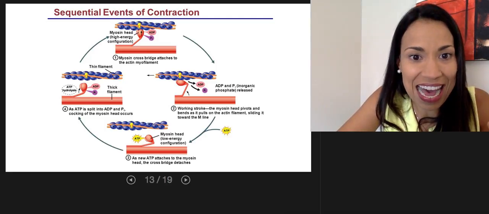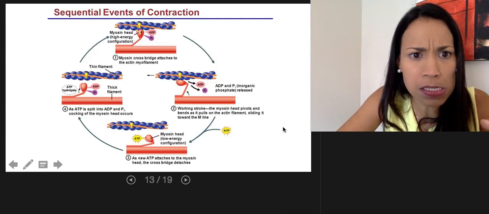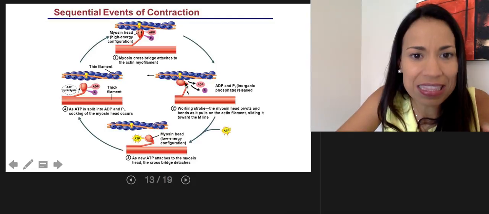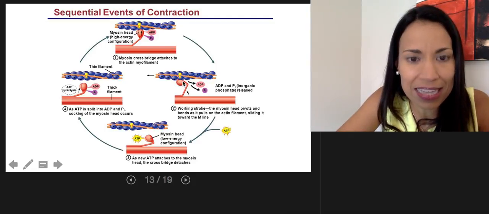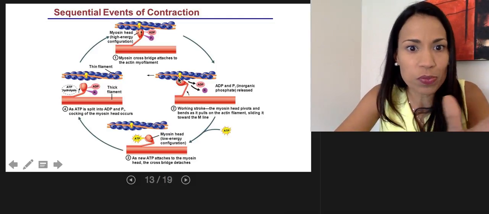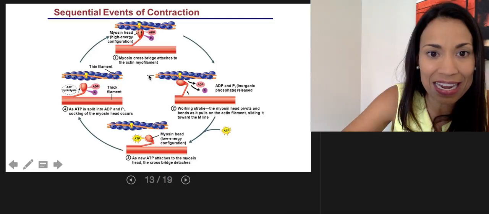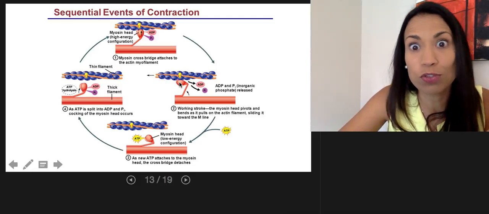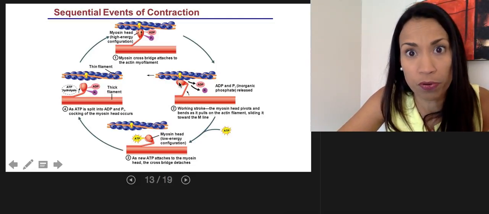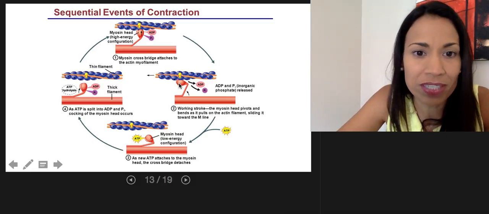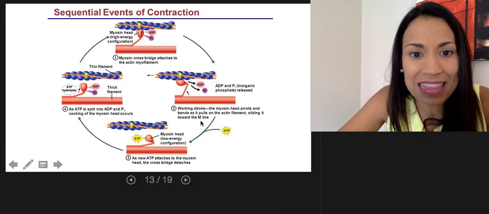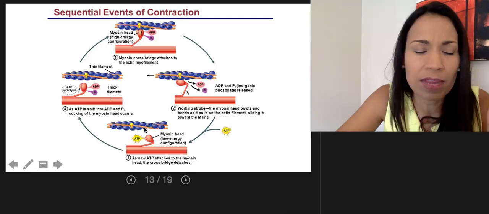Looking at this, where's my cursor here? The myosin head attaches first to the actin. It pivots, moving the actin filaments towards the M line. Then this consumes ATP provided by the mitochondria. The ATP is broken down and energy is released.